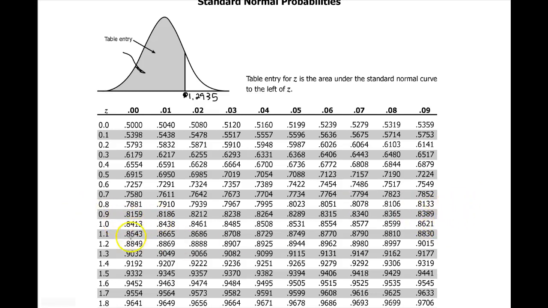Okay, so when I look here, I have 1.2, and then of course I'll break that up with the 0.29 part. So we look here and here. And you see we have this value here. So a Z-score of 1.29. Sorry, I wrote that wrong.